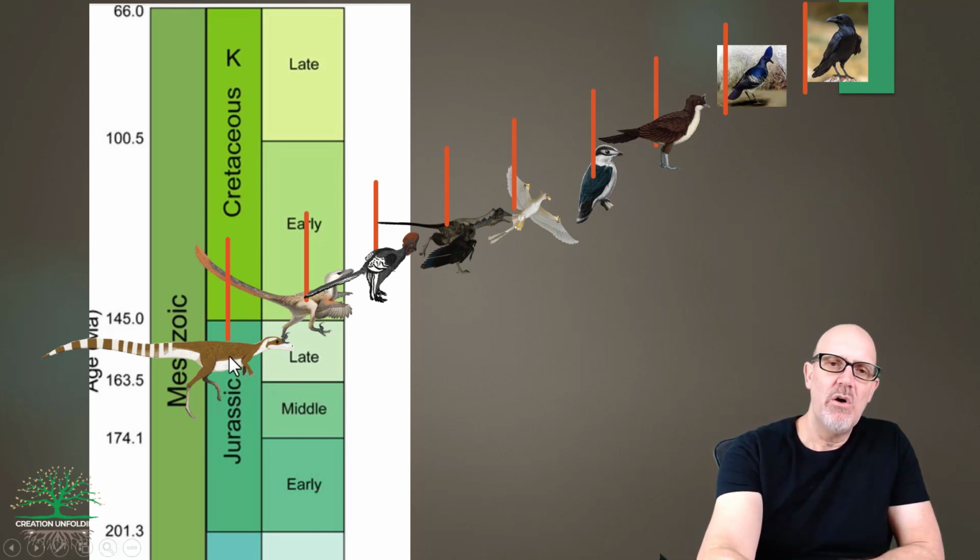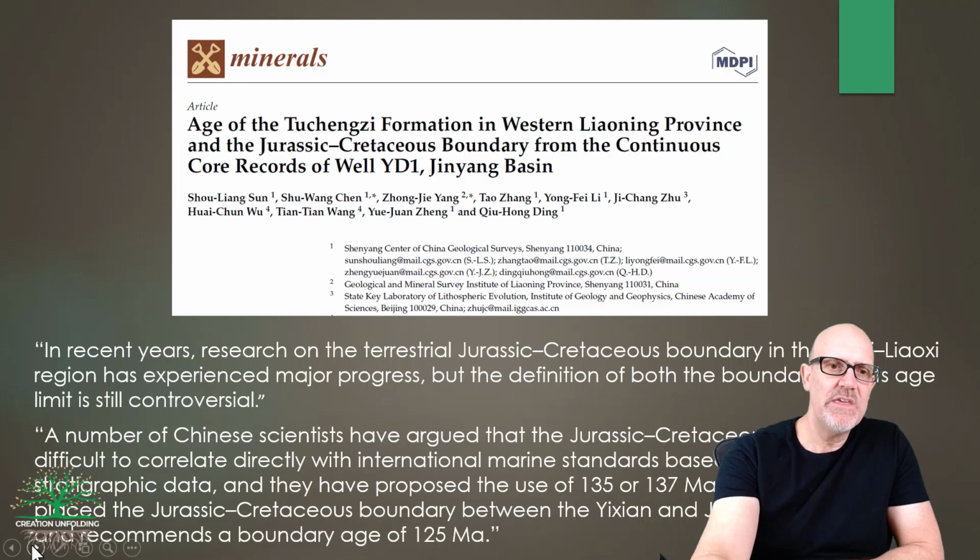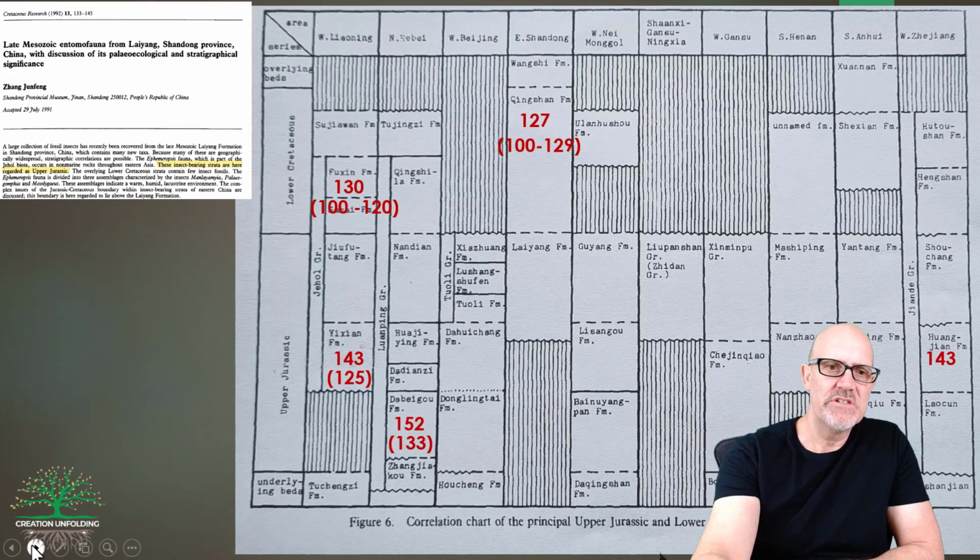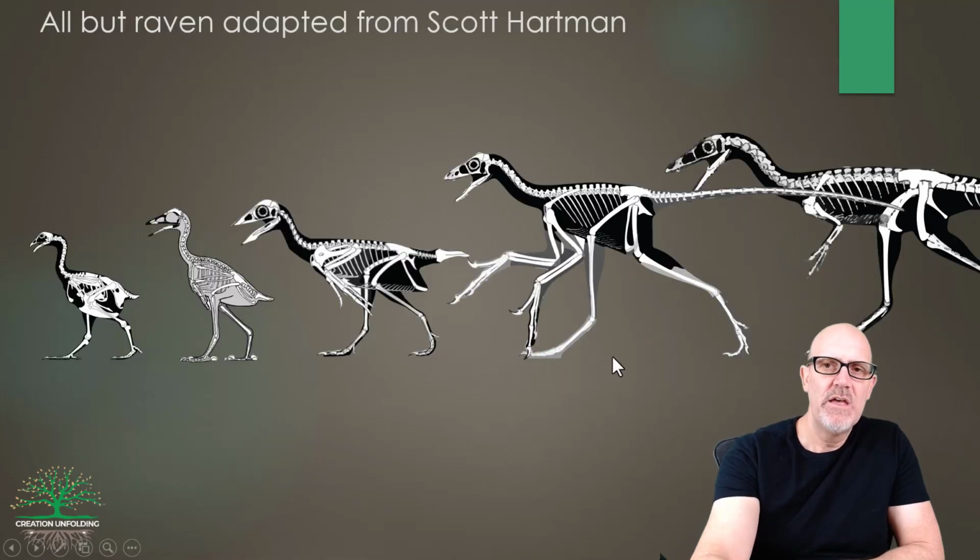You know, when you look at them in this form, in the artist rendition, but also when you look at the skeletal representations, which I just had here. So here is Sinosauropteryx, here is Anchiornis, here is Confuciusornis, here is an enantiornithine, and here's a chicken.